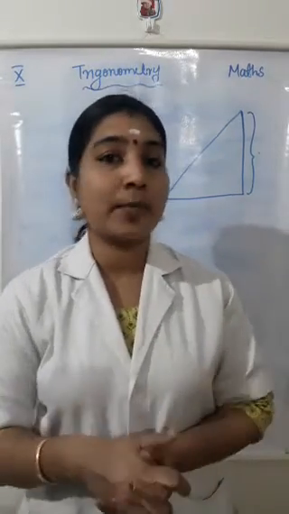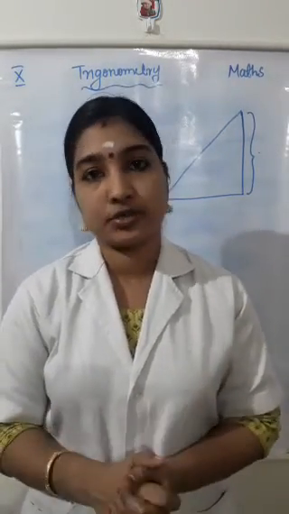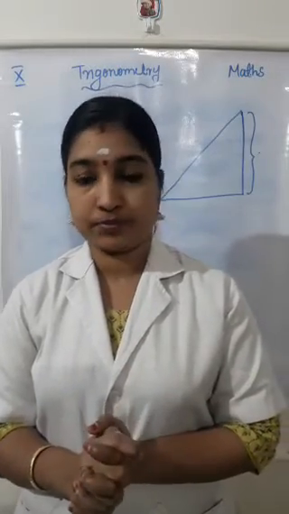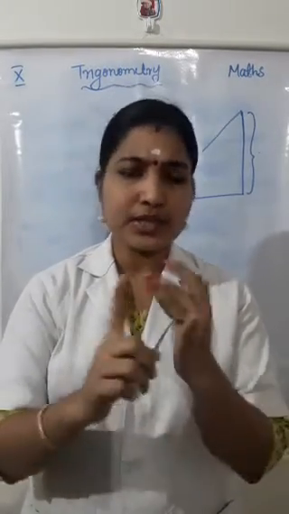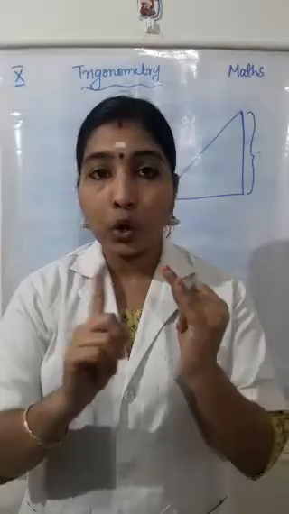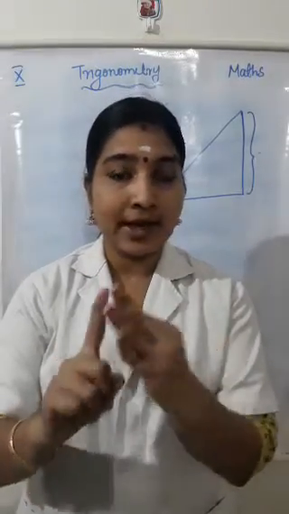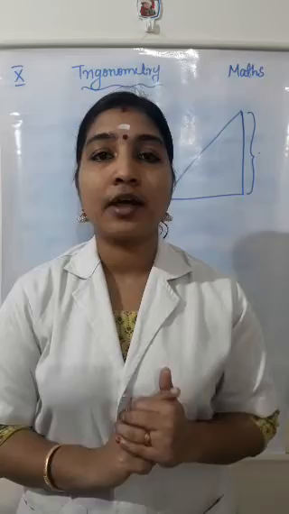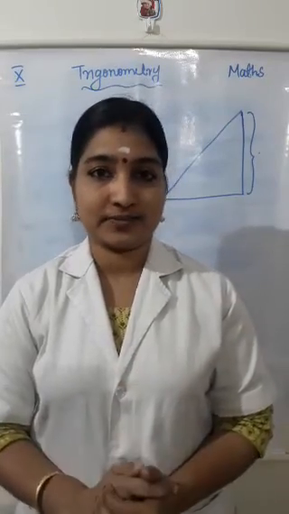In trigonometry there are six ratios. That is the basis of trigonometry. The six ratios are sine, cosine, tangent, cosecant, secant and cotangent.